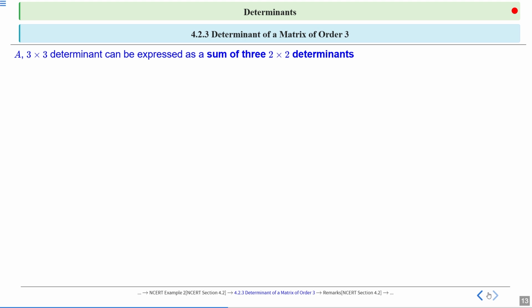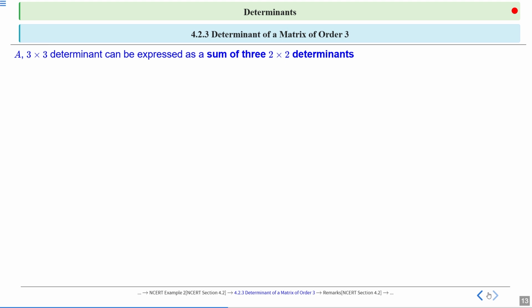Now we have to calculate the determinant of a matrix of order 3. A 3 cross 3 determinant can be expressed as a sum of three 2 cross 2 determinants. That is the basic idea of how we find the determinant of a 3 cross 3 matrix. A 3 cross 3 matrix means there are 3 rows and 3 columns.